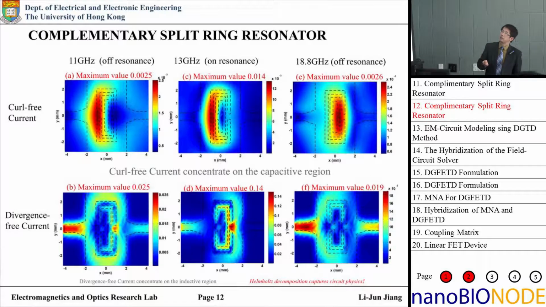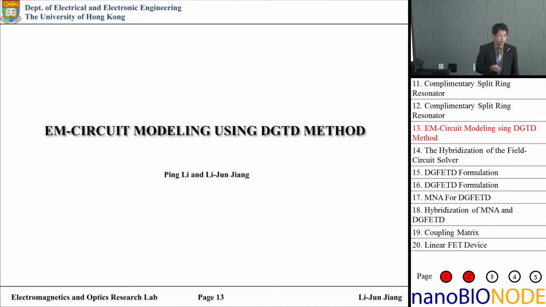So you have these gaps, and they have strong capacitive coupling. And then the divergence-free part corresponds to the inductive region, so normally around the loop structure. So this is a small problem that can be solved, but it can provide some insight into the structure.